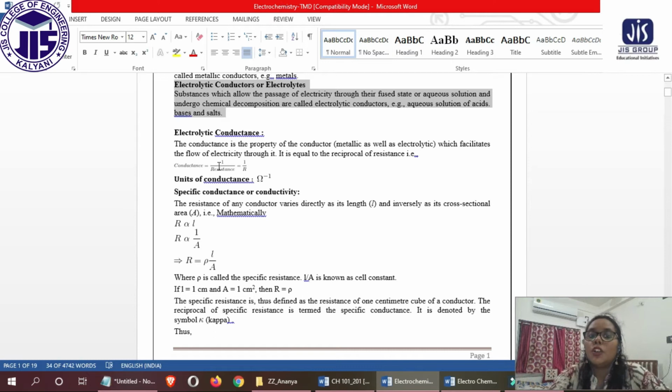Conductance is the property of the conductor which facilitates the flow of electricity through it.